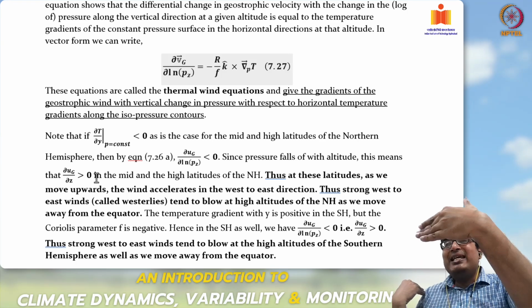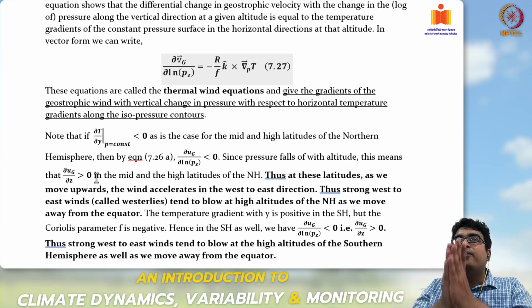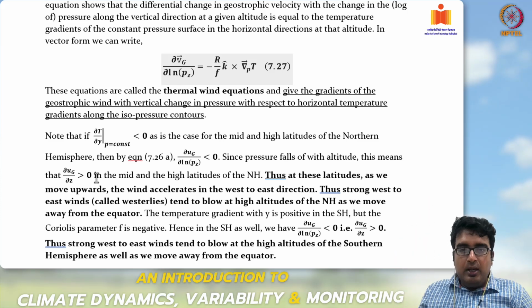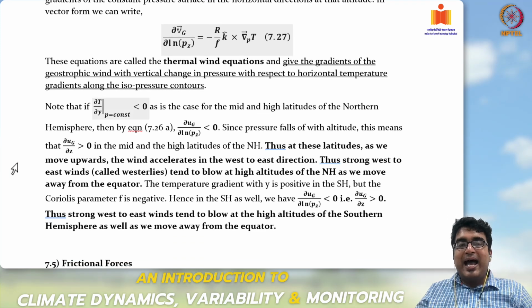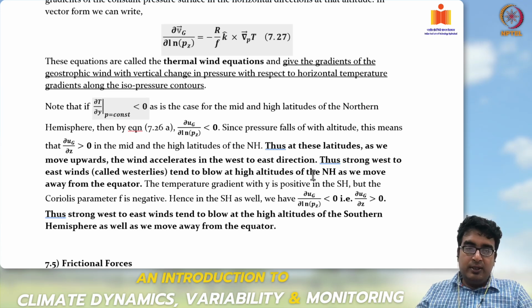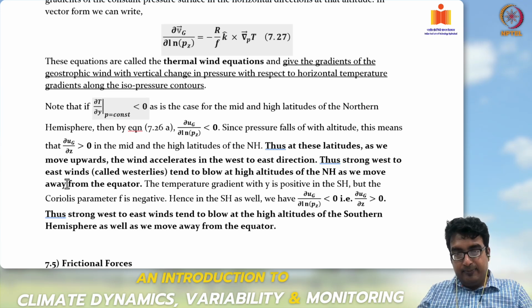The west to east moving winds will increase in magnitude as we move up from near the surface towards the upper troposphere. Thus, at these latitudes, as we move upwards, the wind accelerates in the west to east direction. The strong west to east winds, called westerlies, tend to blow at high altitudes of the northern hemisphere as we move away from the equator due to the strong geostrophic del T del Y gradients.